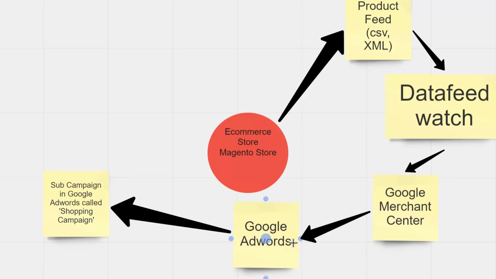So as things sell out, you might get a mismatch between what's actually in stock on the store and what's shown in Google AdWords.